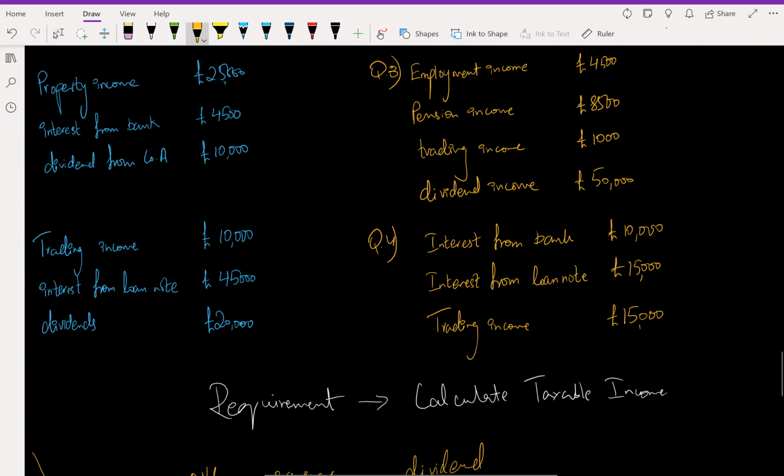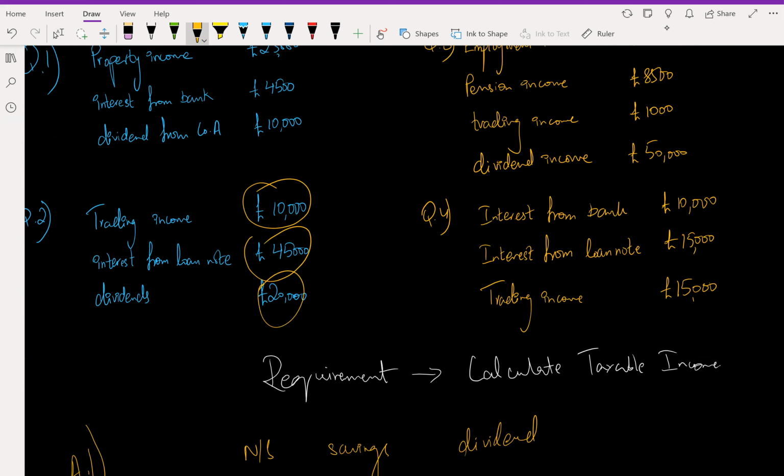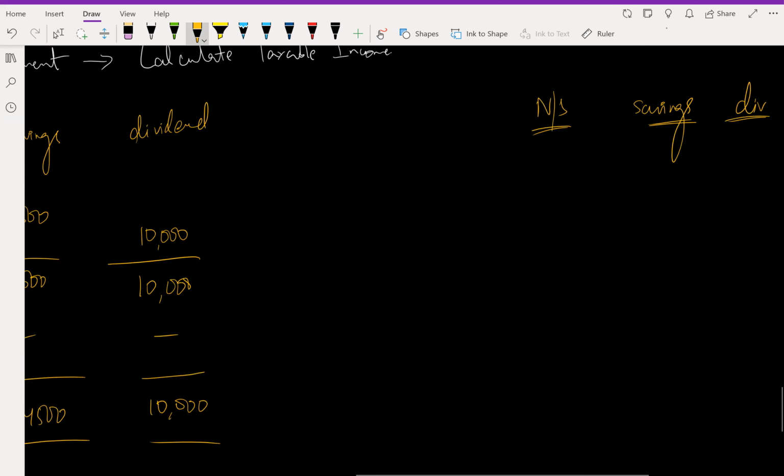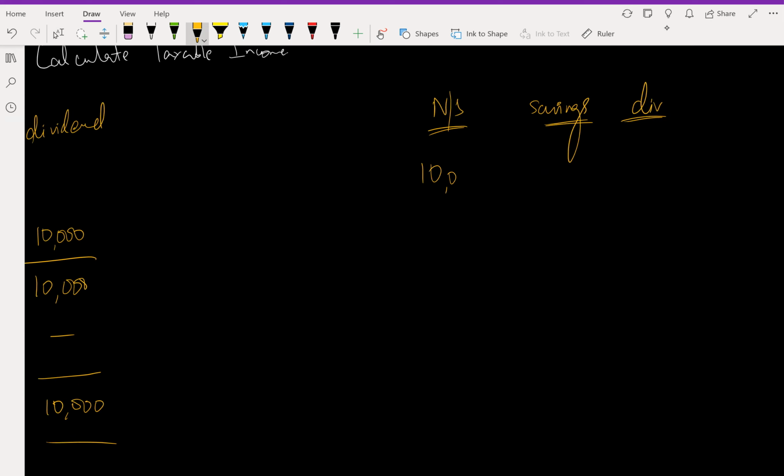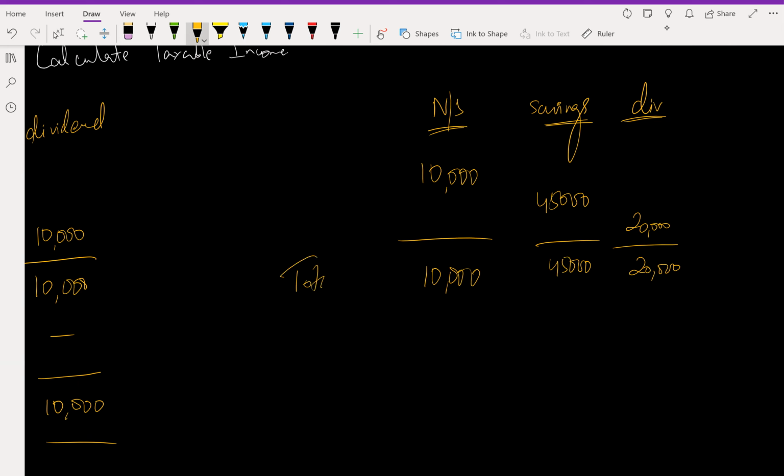So non-savings you see is 10,000, then savings 45,000, and then dividend 20,000. So that's your total income. Personal allowance.